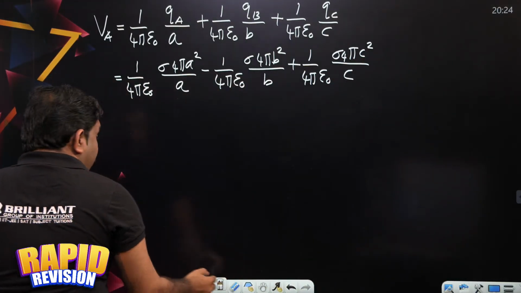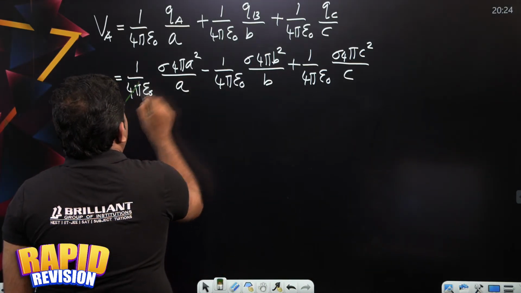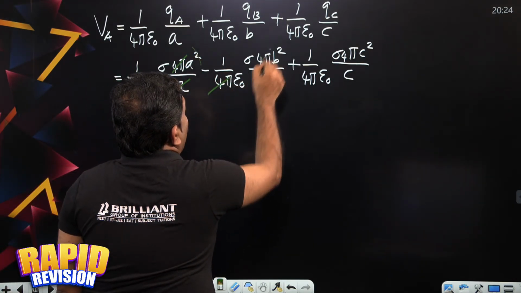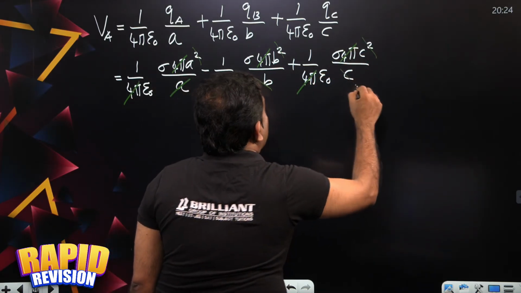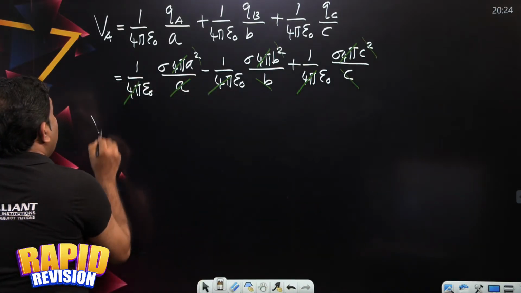So we can cancel the terms now. 4 pi cancels, A square by A cancels, 4 pi B square by B, 4 pi C square by C cancels. So what terms are coming now?